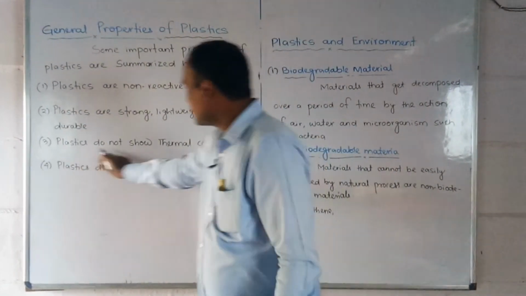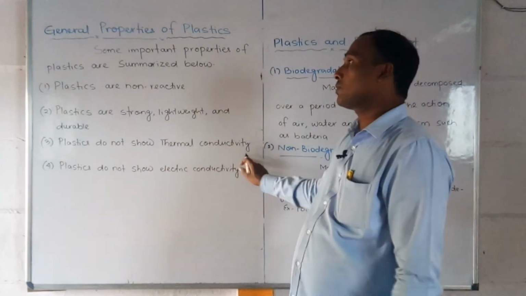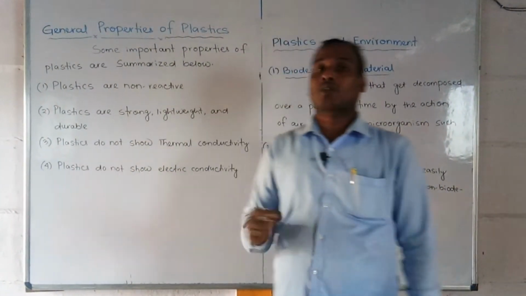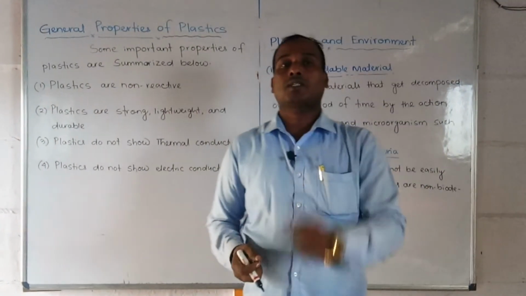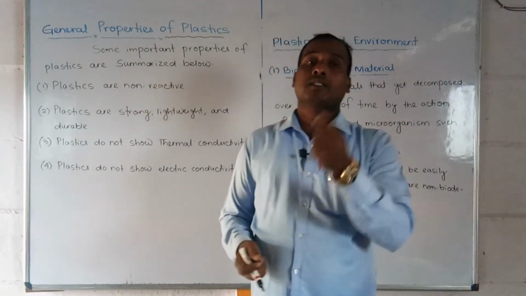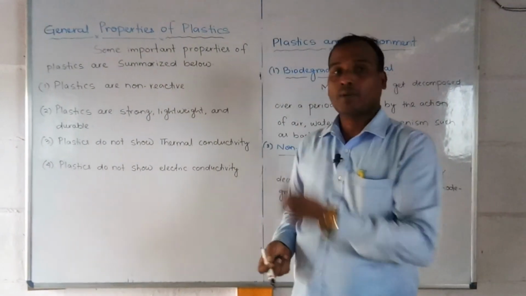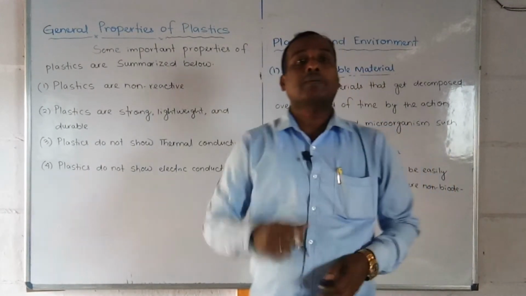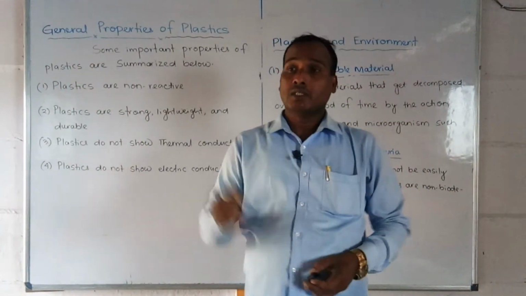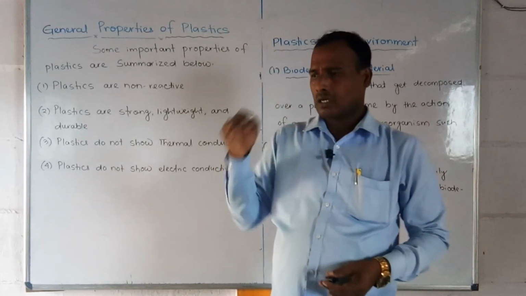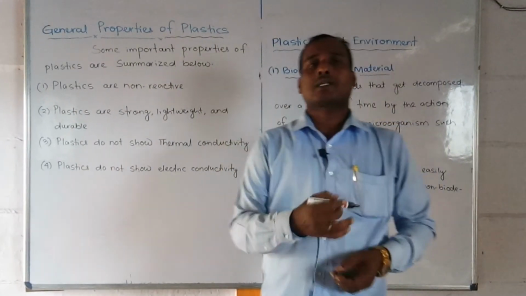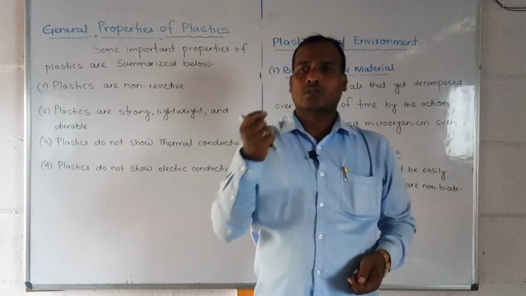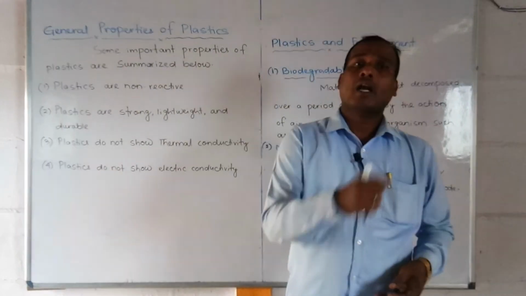Third one: plastics do not show thermal conductivity. This is a very important thing, students, a special characteristic of plastics. You have seen that in the kitchen many utensils like heating pans, and electrical appliances like the electric iron box, have handles made of plastic, because it does not allow heat to pass, or allows very little heat to pass.